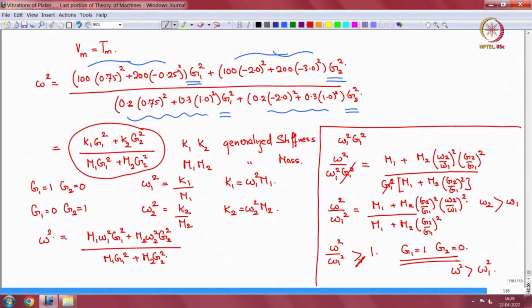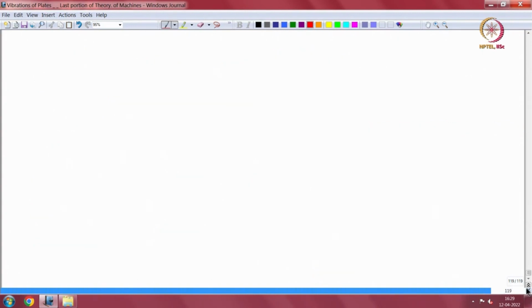So this method of finding the natural frequency by assuming a mode, and taking the ratio of the potential energy and the kinetic energy function and finding the natural frequency, is called Rayleigh's method.